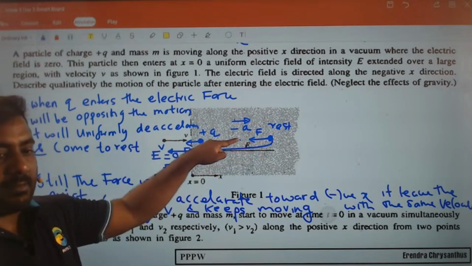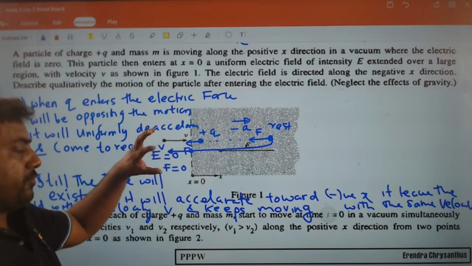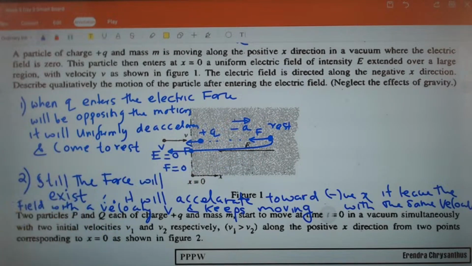Decelerate, come to rest, turn back, accelerate, come out, force is zero, travels with a constant velocity. So basic motion you can see.